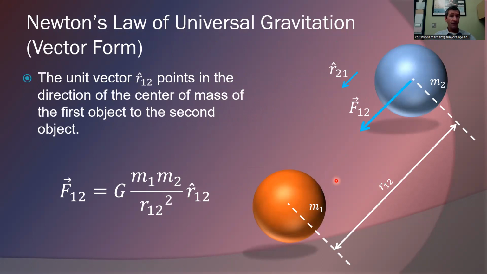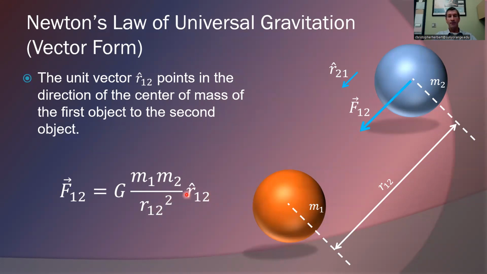In terms of its vector form, we can write Newton's universal law of gravitation as the force on a second body due to a first body. Here we're taking a look at the force on mass 2 due to mass 1. Again, it's equal to the universal gravitational constant, big G, times the product of the masses divided by the distance between the two masses squared.